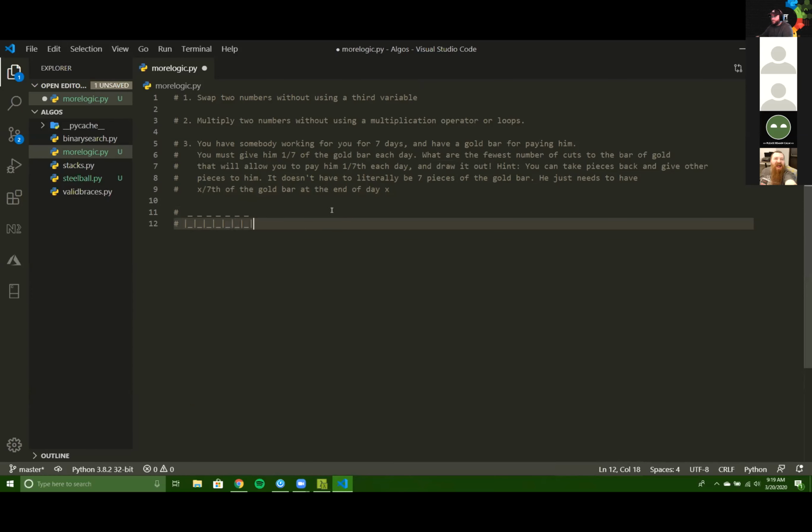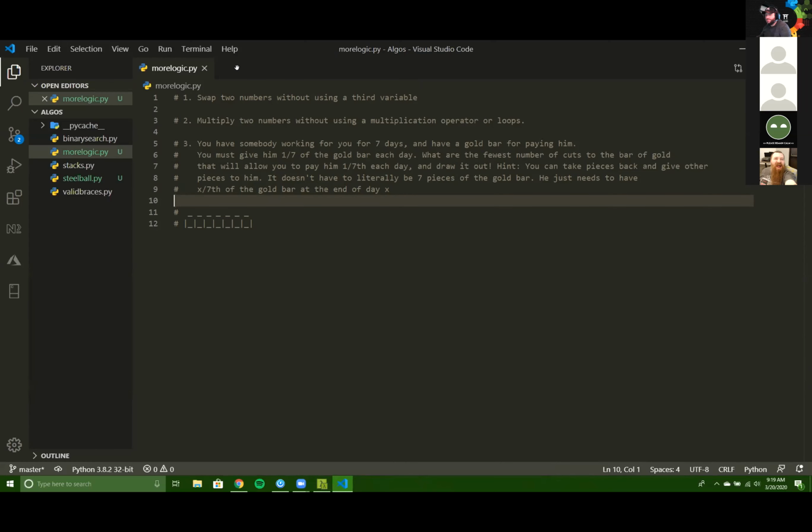So the idea is you need to figure out where to cut things so that you can give him his share of the gold and he'll have x/7 of the gold bar at the end of day X. Cool? Ready to go think with each other? Sure.